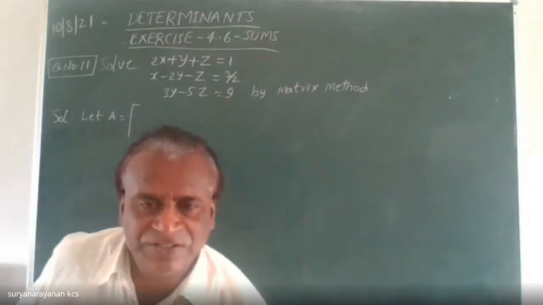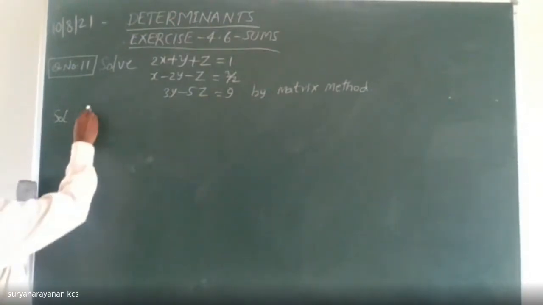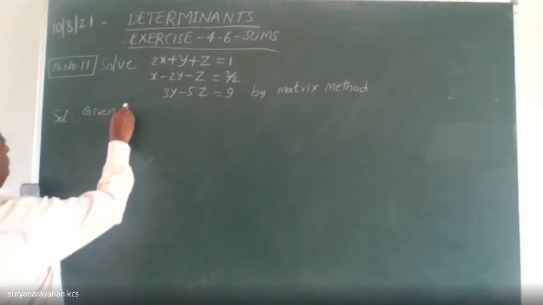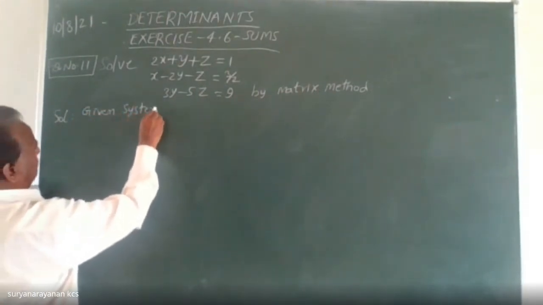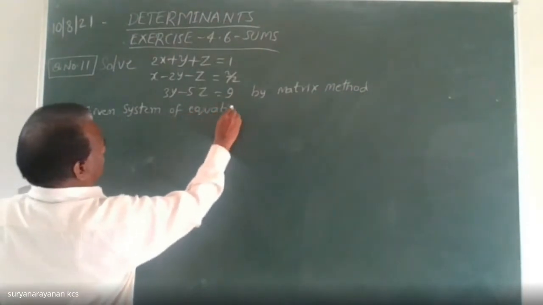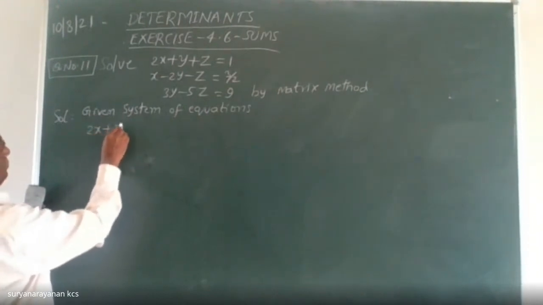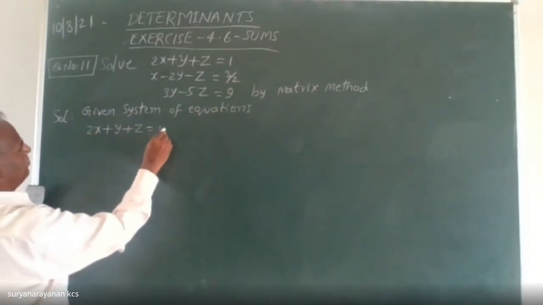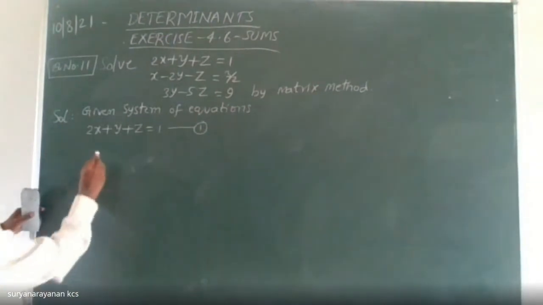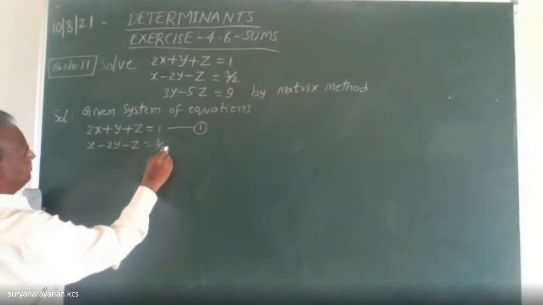Let us write the given system of equations. Given 2x plus y plus z is equal to 1. Let us consider this is equation 1. x minus 2y minus z is equal to 3 by 2.